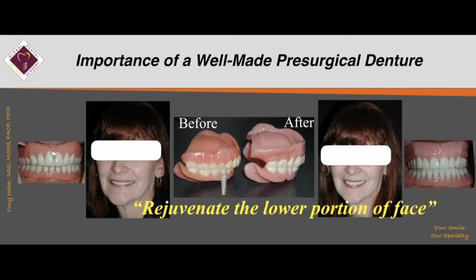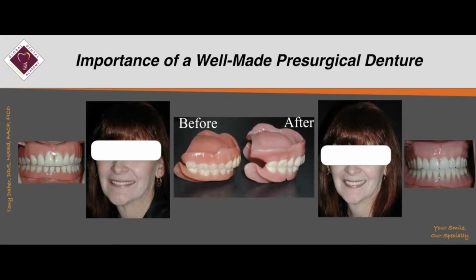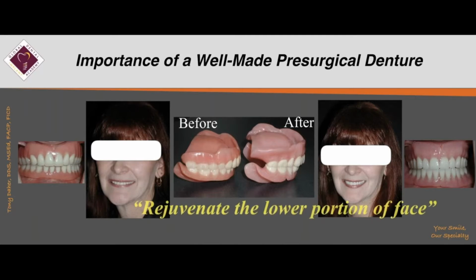But with the new denture, when you want to restore the vertical dimension of occlusion and get a good lip support and so on, the angulation of the implant is going to be a little bit different. So it's very important before you place an implant that you do a nice, predictable pre-surgical denture.